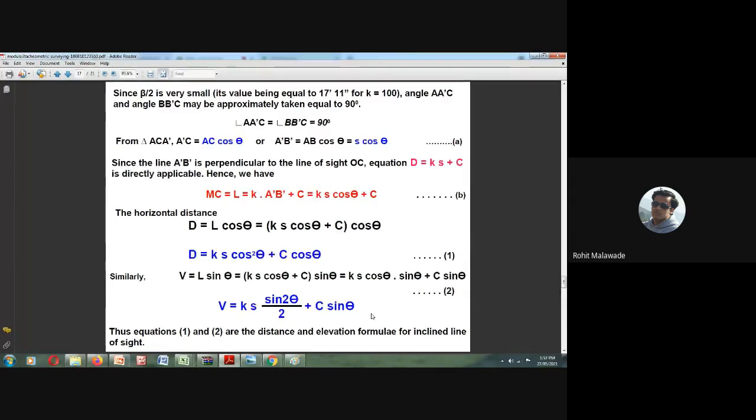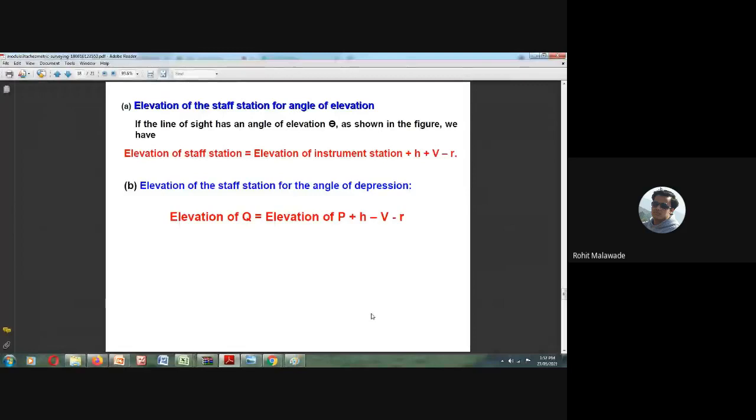Now we will see the exact elevation of the staff station for angle. If we want the exact elevation of point q, how are we going to determine it?